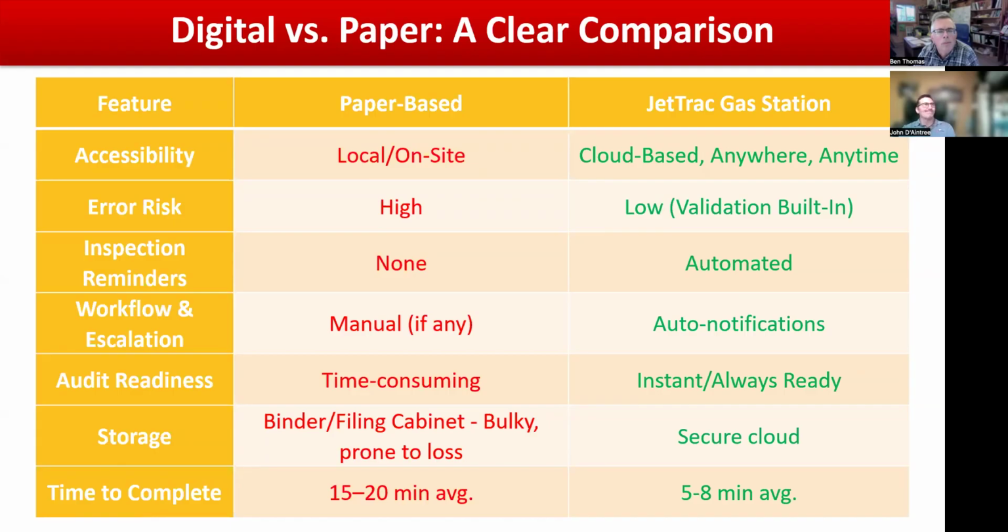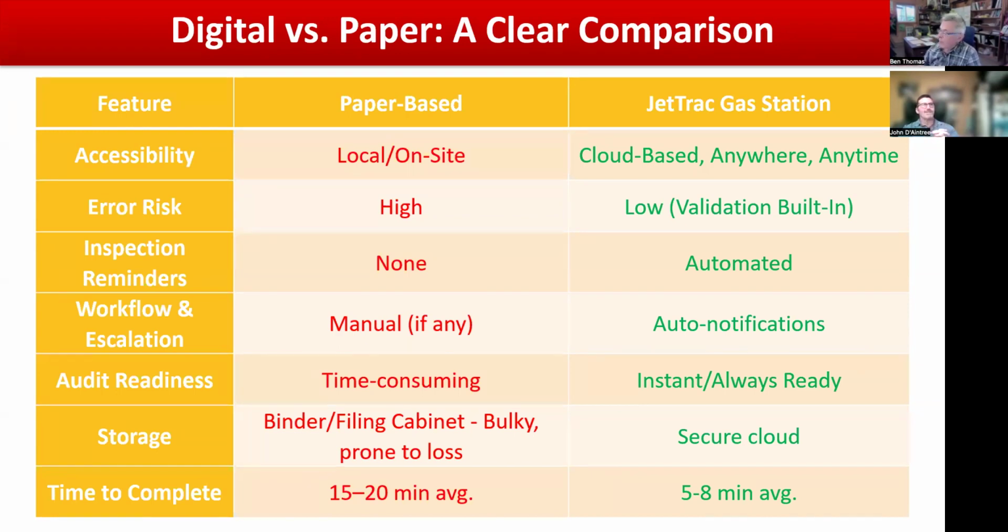Accessibility. Well, with the paper solution, typically it's only locally on site at the gas station, unless you've had to drive back to head office to make sure they get a copy, or scanned it and emailed it to them or whatever. But with the digital solution, there it is, right there. It's in the cloud. You can get to it from anywhere at any time.